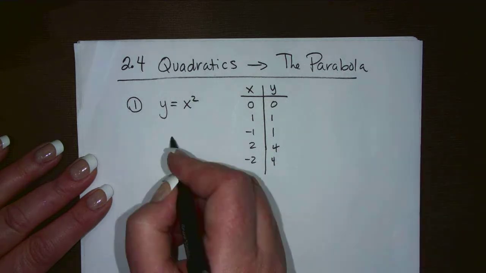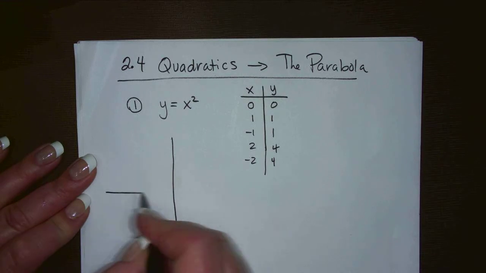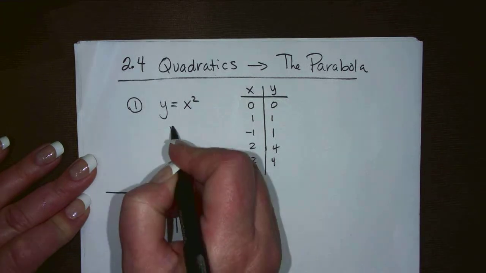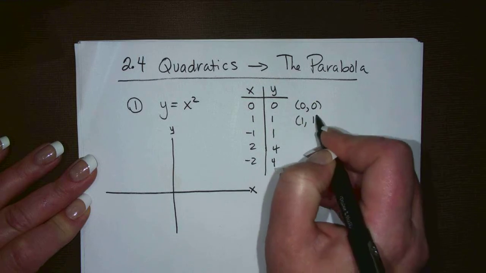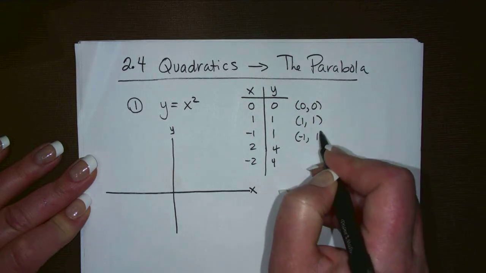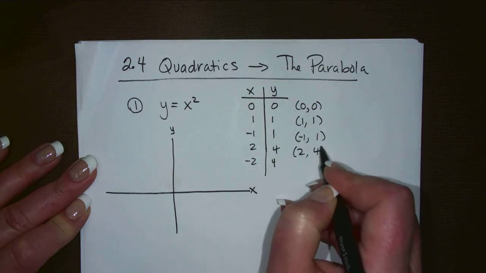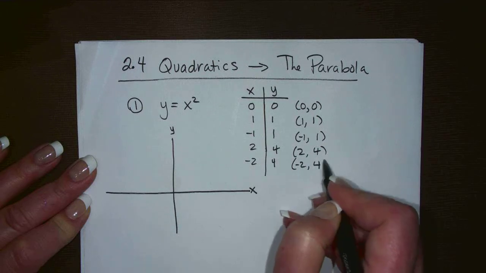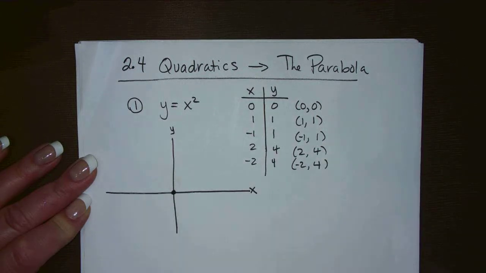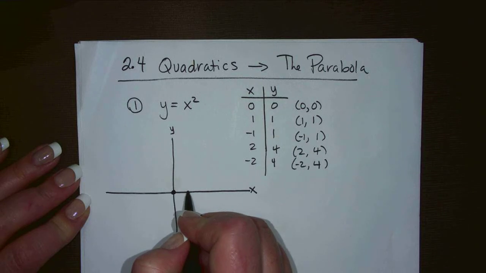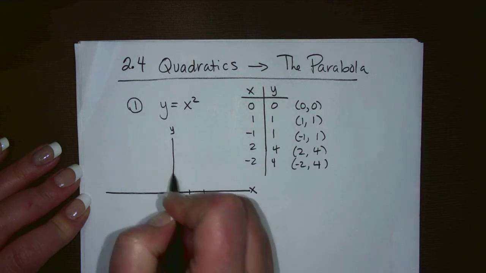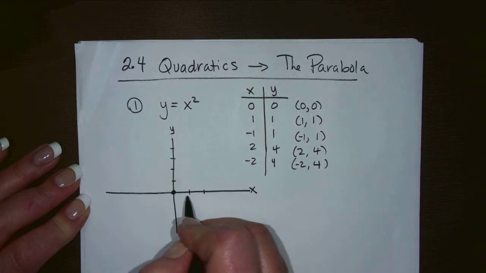Okay, let's plot these points. So here's our x-axis and our y-axis. So these are points like x, y. So 0, 0, the origin. So 1, 1.